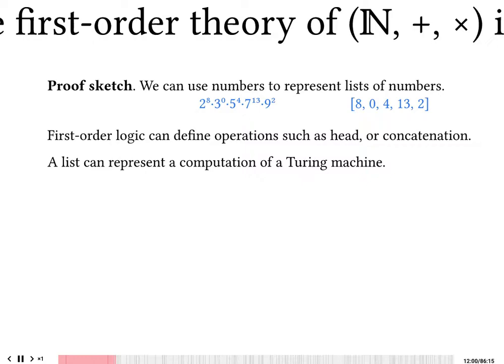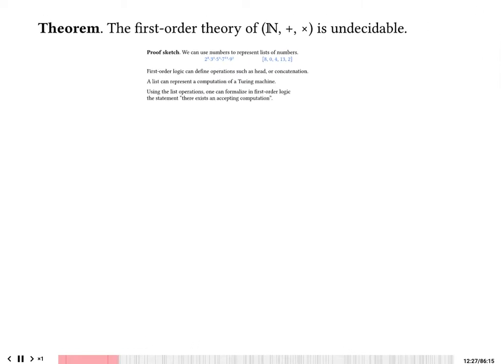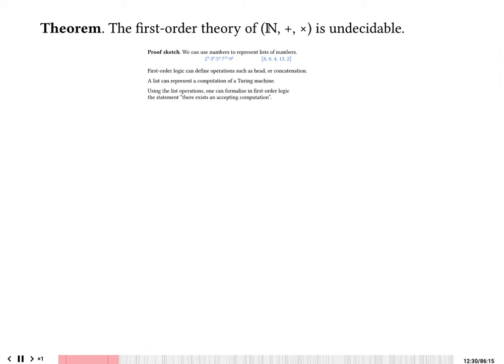So a list of configurations is a computation, and then you can write a first order formula which tells you that a list of configurations is a computation. And hence for every Turing machine, you can write a formula which is true if and only if that Turing machine has an accepting computation. This is not exactly how Church proved it, but it is the idea. That's how you could prove it, and hence the first order theory of the natural numbers is undecidable. So there is no algorithm which decides that.